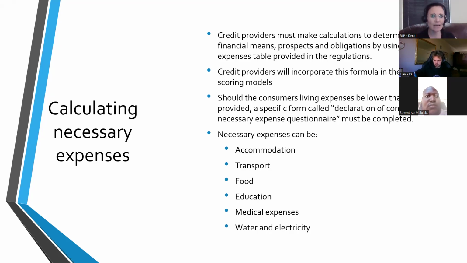So let's say the rent that you pay for your apartment is 6,000 Rand. But financial means allows you to declare the fact that even though the rent is 6,000 Rand, I have my boyfriend or my girlfriend or whoever living with me in my direct household who pays half of the rent.